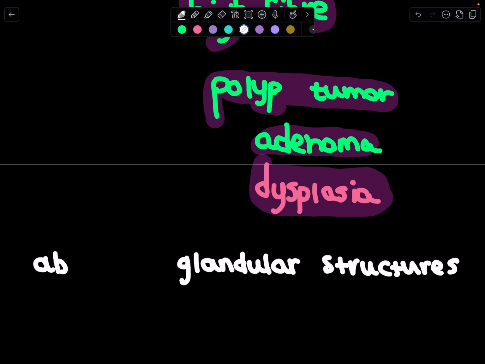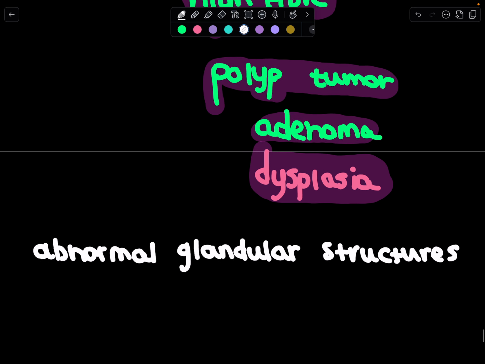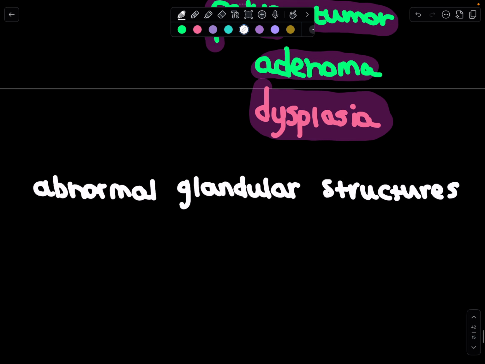They can be pedunculated, stalked, or sessile, flat, with adenomas often having a tubular, villous, or tubulovillous architecture, and their size, number, and dysplasia grade predict the risk of progressing to colorectal cancer.